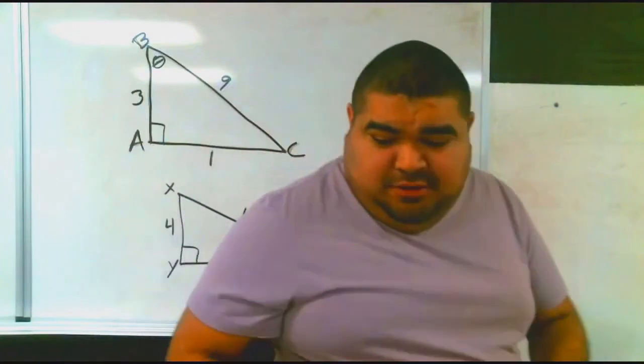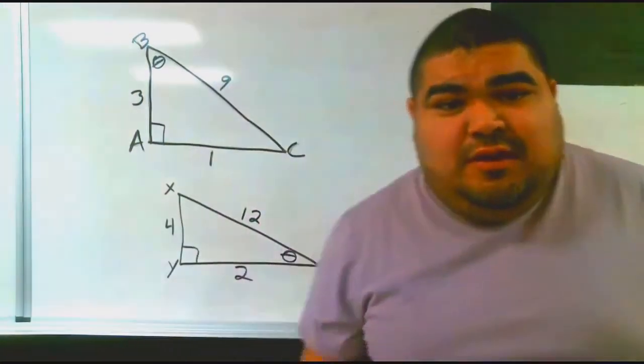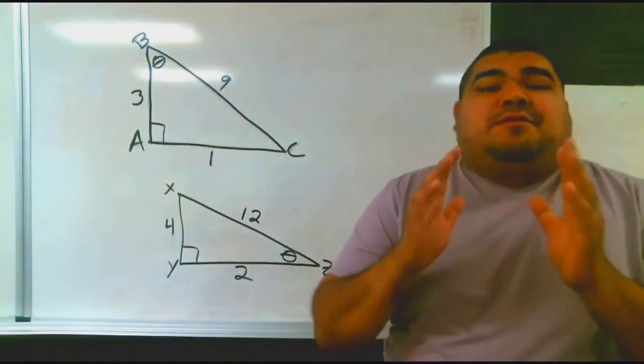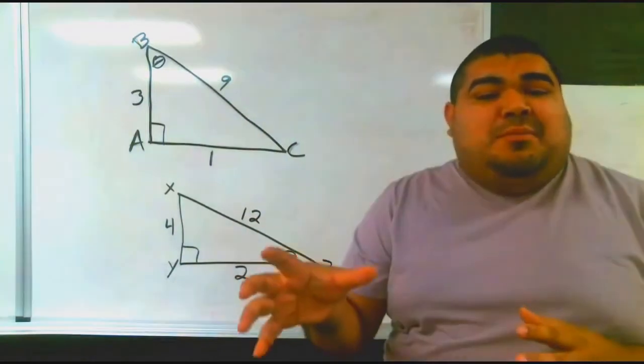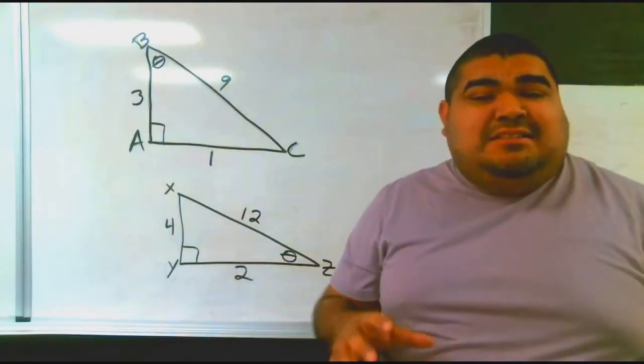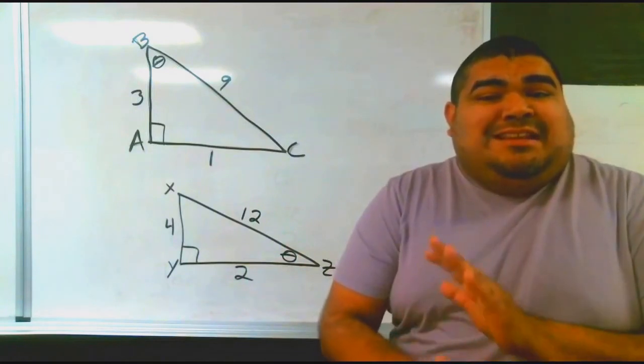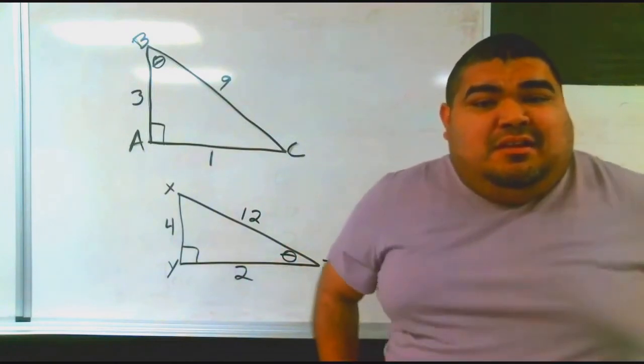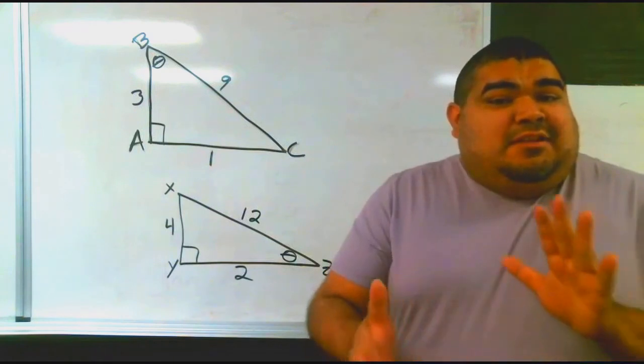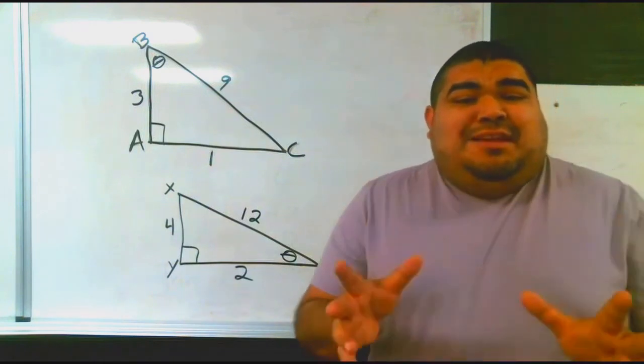Remember, you have two triangles. You have to label them. You have to tell me which ones are opposite, adjacent, and your hypotenuse. Also, give me sine, cosine, and tangent for theta. You don't have to solve for it. All you have to do is plug it in.